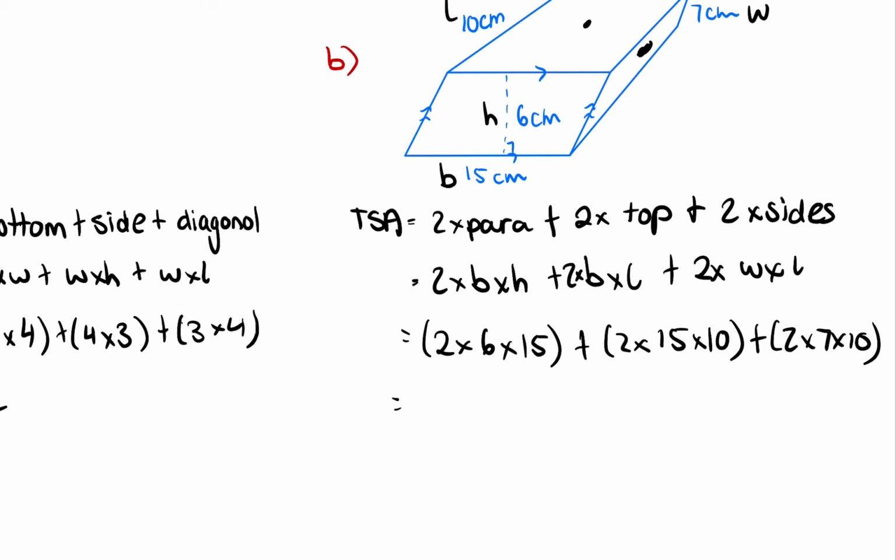So we then put this in our calculator. 6 times 15 times 2 gives you 180, plus 15 times 10 is 150 times 2 makes that 300. And then 7 times 10 is 70 times 2 makes that 140. Add them together, so we've got 180 plus 300 plus 140. You end up with 620 centimeters squared.